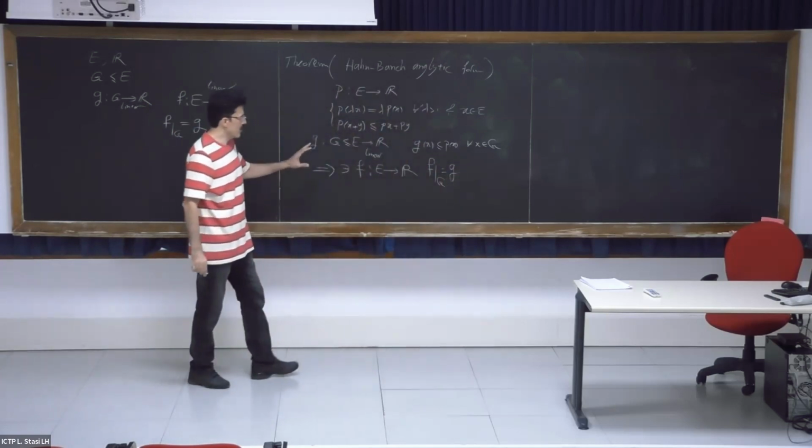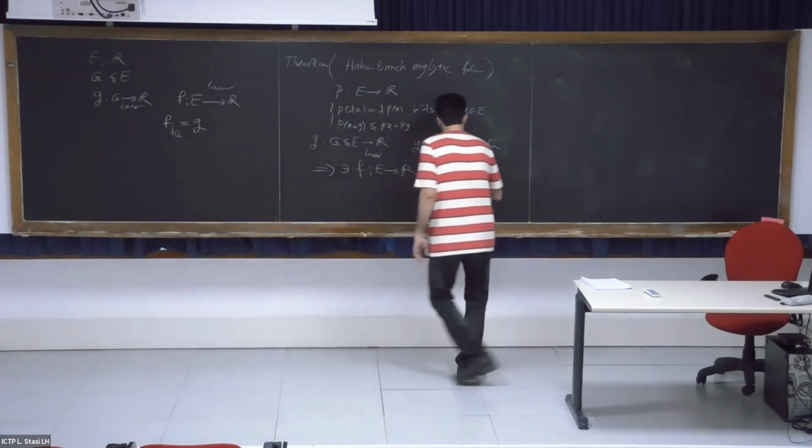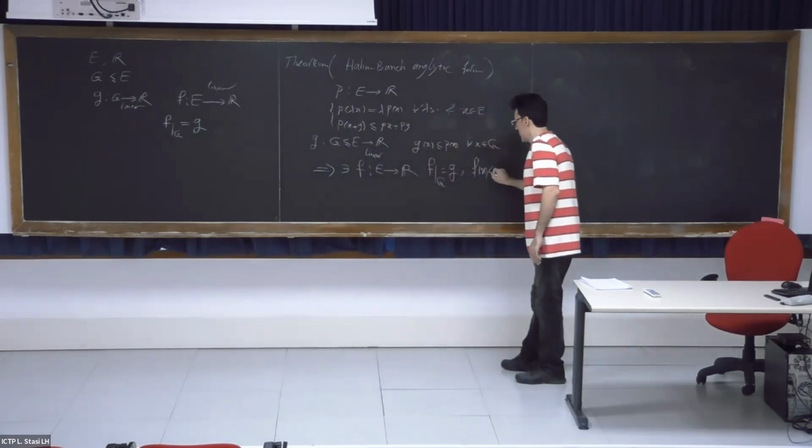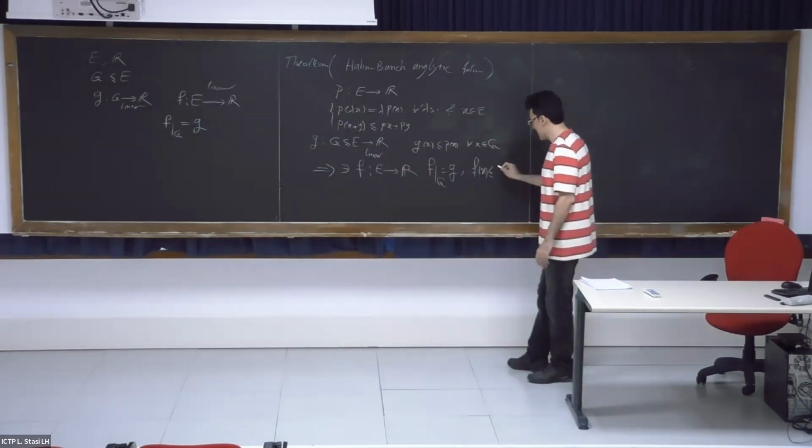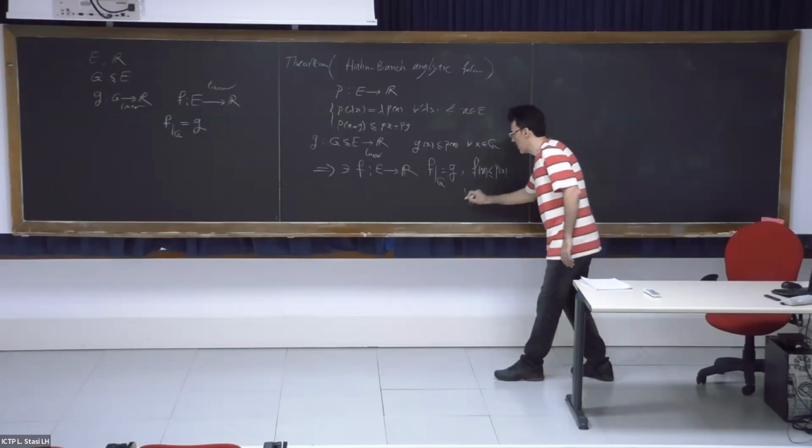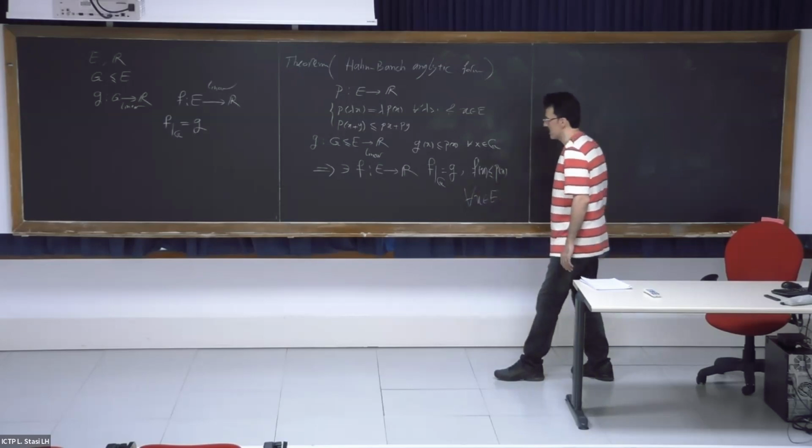But the interesting point is that we have this property: F of x is less than or equal to P of x for all x in E.